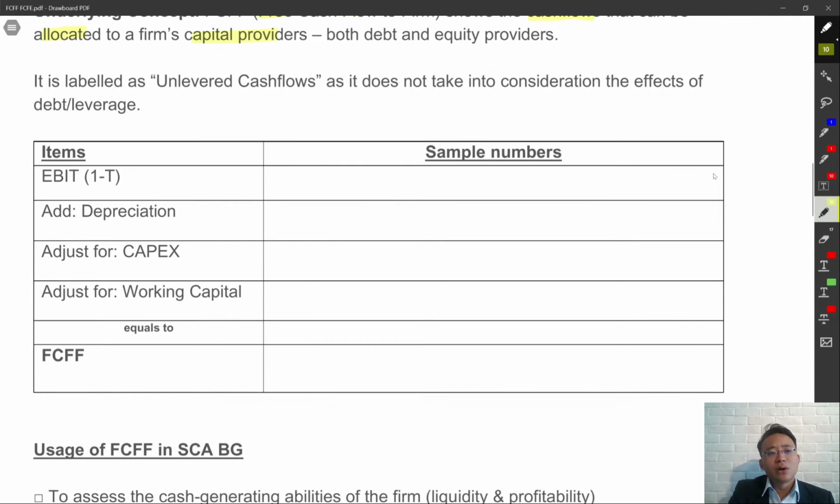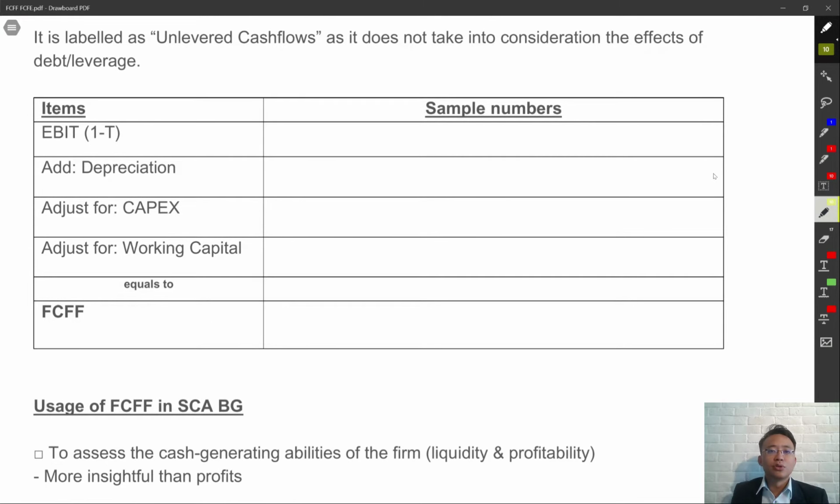When it comes to calculating free cash flow to firm, FCFF, this is the format it takes. First, we have earnings before interest and tax, EBIT. Let's put some sample numbers. Let's imagine that our company has an EBIT of $50 million.